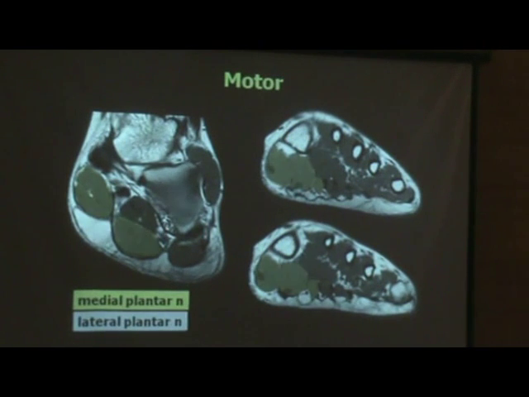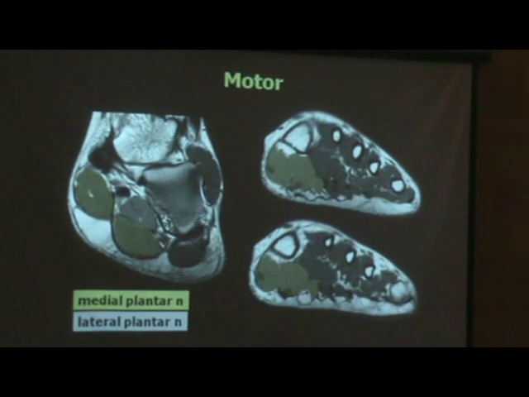And if we see pathology in those muscles, a denervation pattern, I'm going to show you what is acute or chronic denervation pattern, so we're going to suspect medial plantar neuropathy. And all other muscles you are seeing, except the extensor digitorum brevis and hallucis brevis displaying the coronal slice.